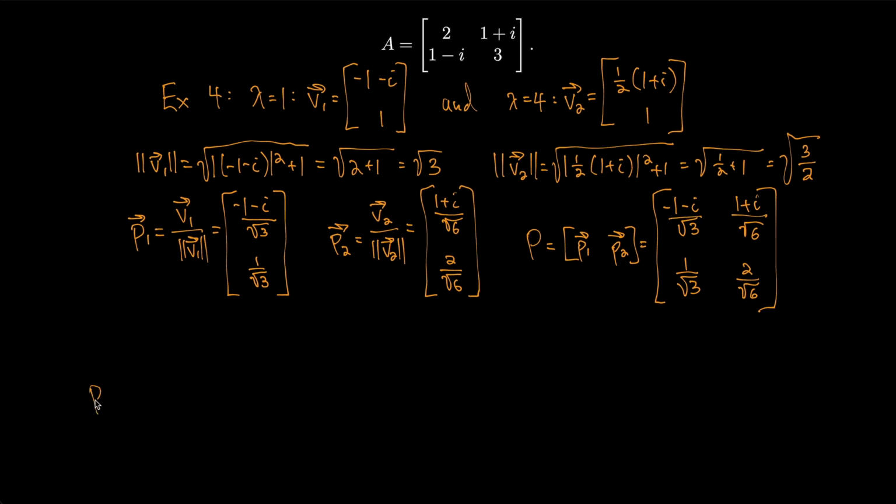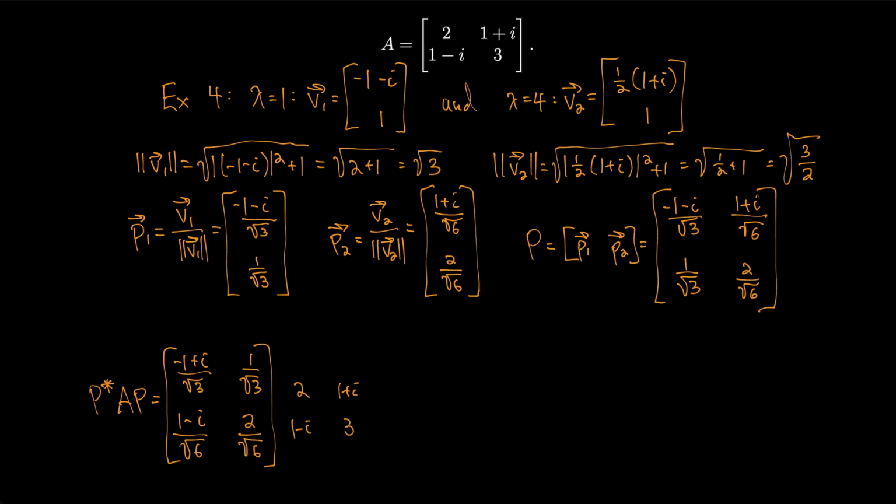So this means that we have P star AP equal to (minus 1 plus i) over rad 3, 1 over rad 3, (1 minus i) over rad 6, 2 over rad 6, that's the conjugate transpose of P, and then multiplied by A, which is 2, 1 plus i, 1 minus i, 3, and then multiplied by the P we obtained originally, so (minus 1 minus i) over root 3, (1 plus i) over root 6, 1 over root 3, 2 over root 6.